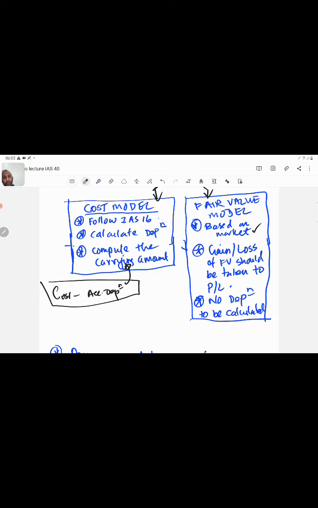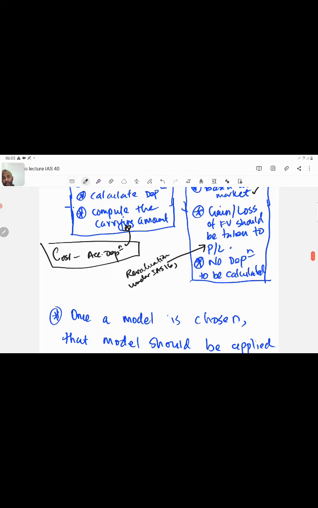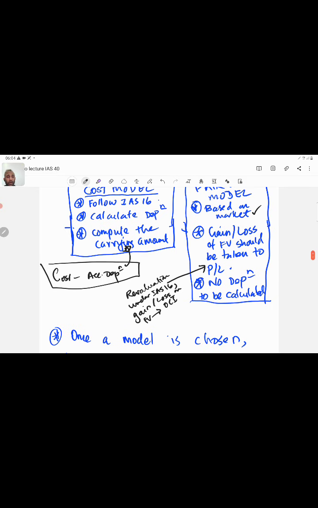Here it is important to note that if you do a revaluation under IAS 16, then the gain or loss on fair value is taken to other comprehensive income. But in IAS 40, the gain or loss on the fair value should be taken to P&L.